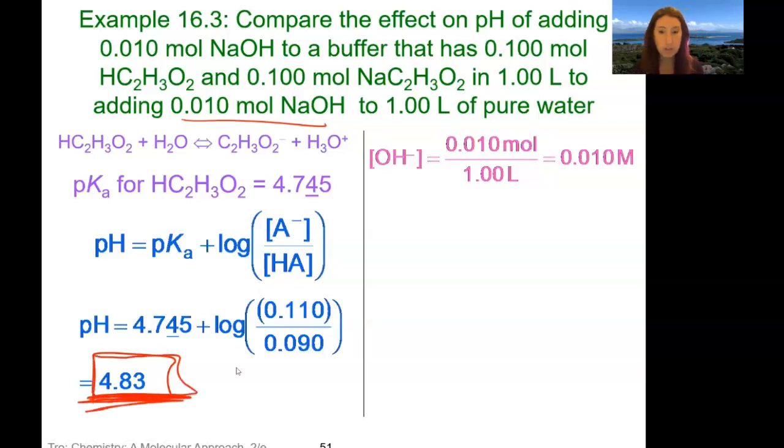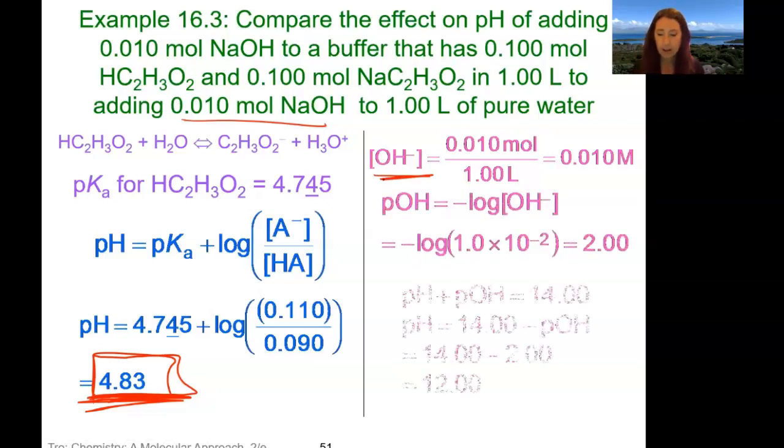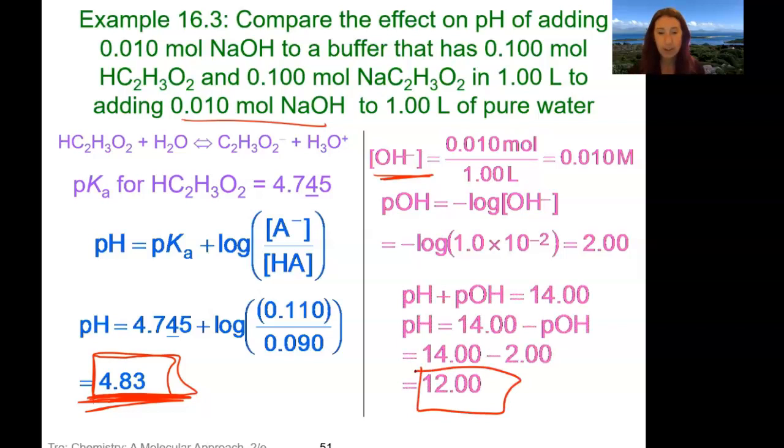And that was the pH. Now let's just add 0.01 moles of NaOH to water. Our pH is 12. So if you just added NaOH straight to water, the pH would be 12. But if you add NaOH to your buffer, it's at 4.83. Okay.